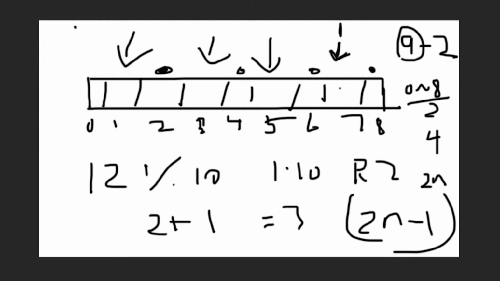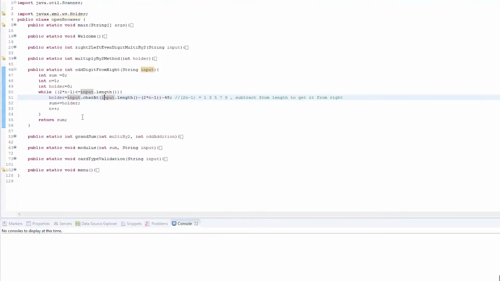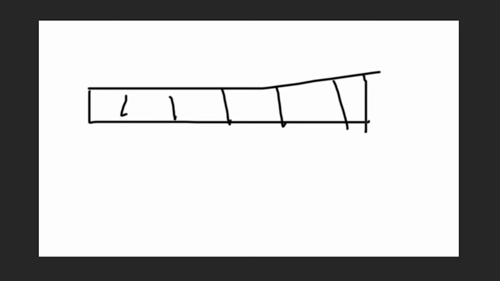So let me delete this. So this is 6 of them. input.length minus my first number is 1, minus 3, minus 5. So input.length, 1, 2, 3, 4, 5, 6, so from 0 to 5.